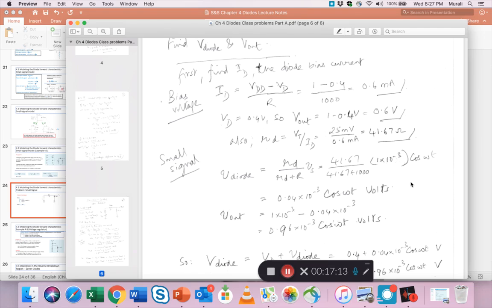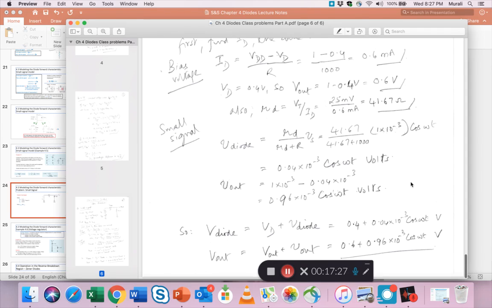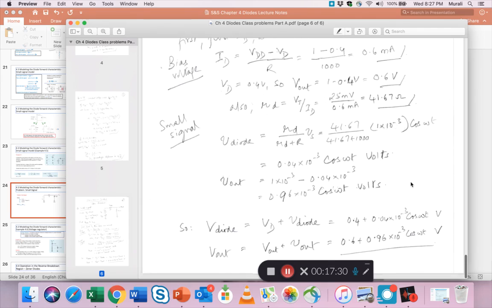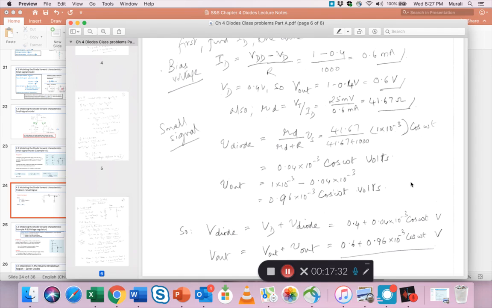So what that means is much of the sinusoidal voltage actually gets transferred to the output in this case, right, because of the way it's connected. So almost that whole 1 millivolt is coming out as 0.96 millivolts. But across the diode, it drops significantly. It's a small fraction.